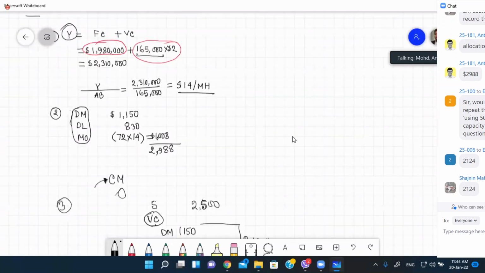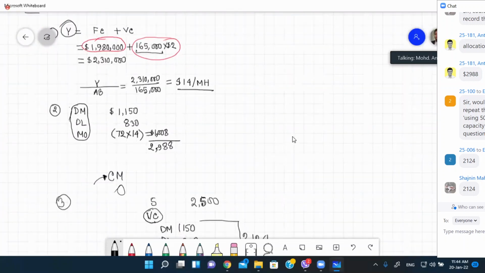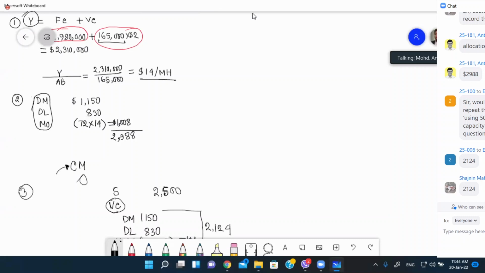Okay, so let me put here, and I'm writing the 4 here, number 4. Now the application of manufacturing capacity: the manufacturing capacity of this plant is actually not for 165,000 machine hours.